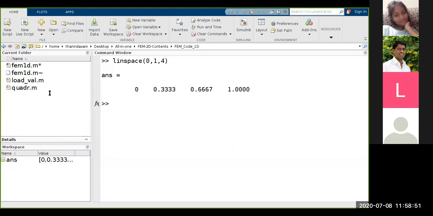When i is equal to 1, this will be 1 to 2, comma 1 to 2. Then when i is equal to 2, this is 2 to 3, comma 2 to 3. So this is how we are getting into those sub portions.